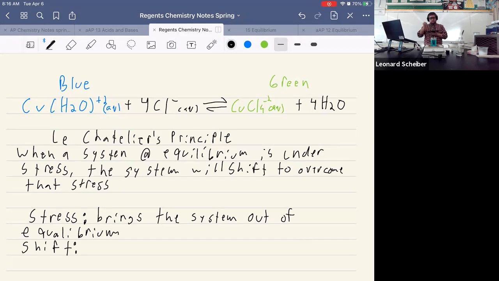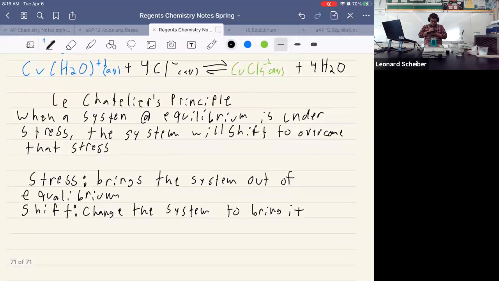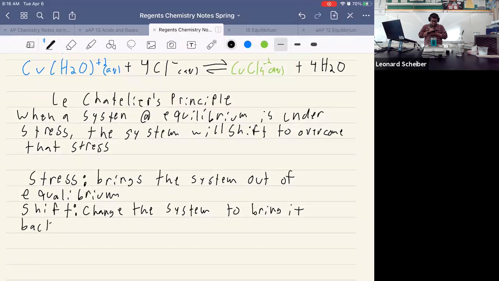The shift will always change the system to bring it back to equilibrium.